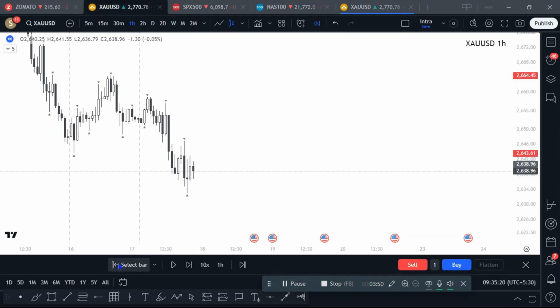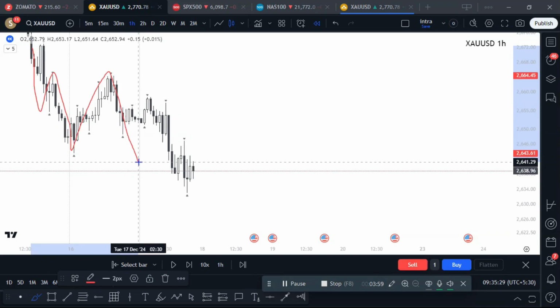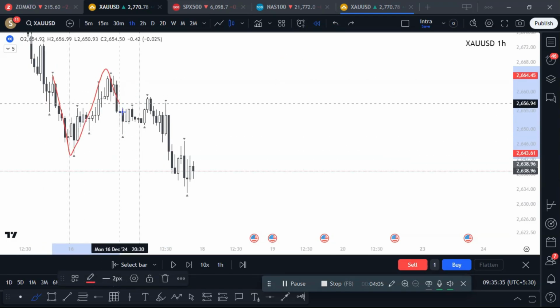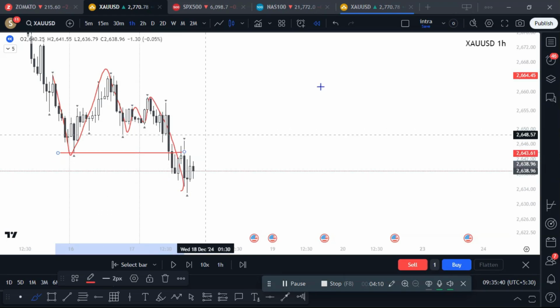Okay, so this is our gold chart. Here we have the 1 hour time frame, as you can see. So what did price do? Price went down, down, down, and decisively broke this structure. Price grabbed liquidity, made a shift.